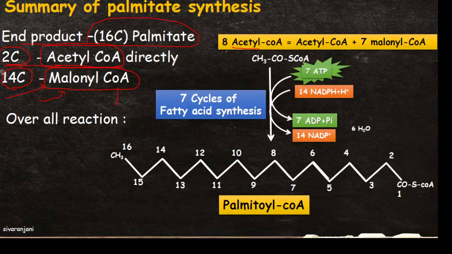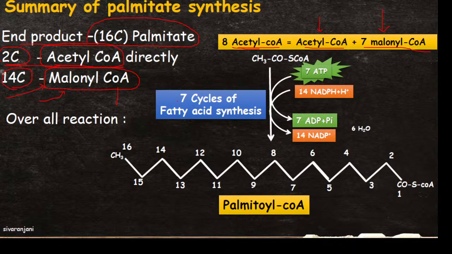So in total, for a fatty acid which has the capability to release 8 acetyl CoA units, that is equal to 1 acetyl CoA and 7 malonyl CoA. So it has the contribution of 1 acetyl CoA molecule and carbon atoms from 7 malonyl CoA molecules.